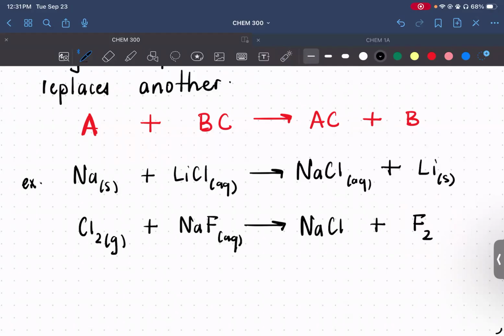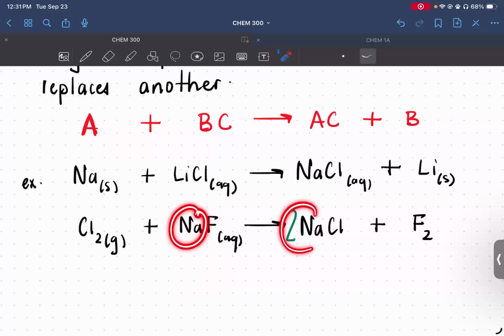Now that that's correct, let's balance it. 2 chlorines, 1 chlorine, no big deal. Just put a 2 on the right. Chlorine is now balanced. 1 sodium, 2 sodium, no big deal. Just put a 2 on the left. Chlorine is balanced, sodium is balanced.